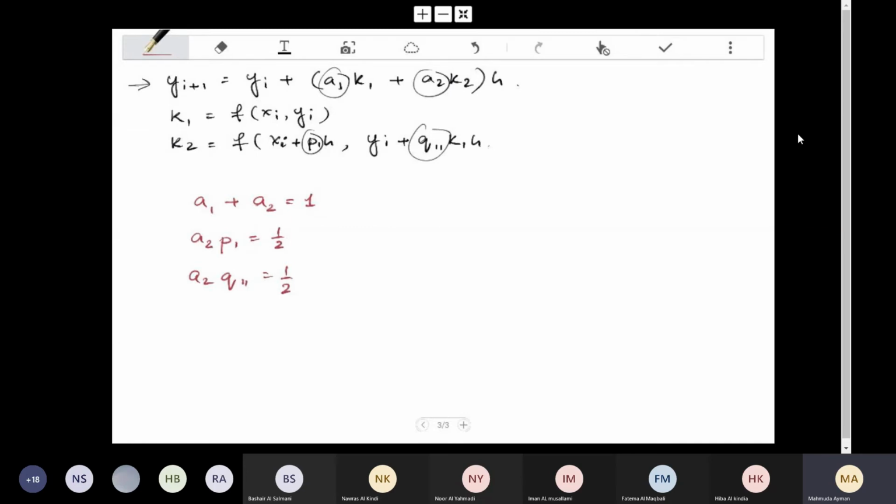How they equated and came up to this is not something that I want to teach you all, so I'm avoiding that part. Once they came to these three equations, you can see over here we have four unknowns, a1, a2, p1 and q11, and we have three equations. So that means that one of the choices can be made by us.